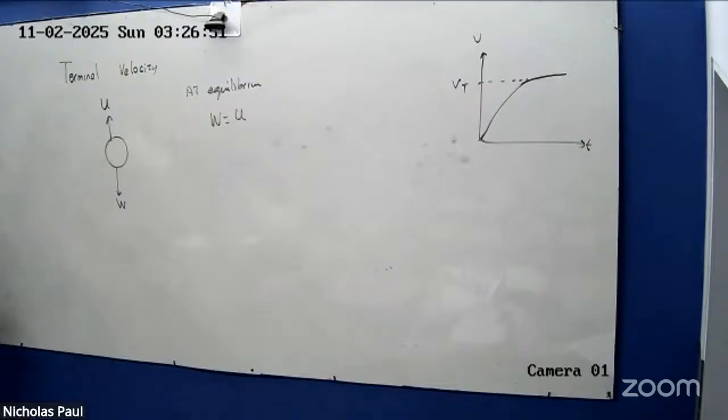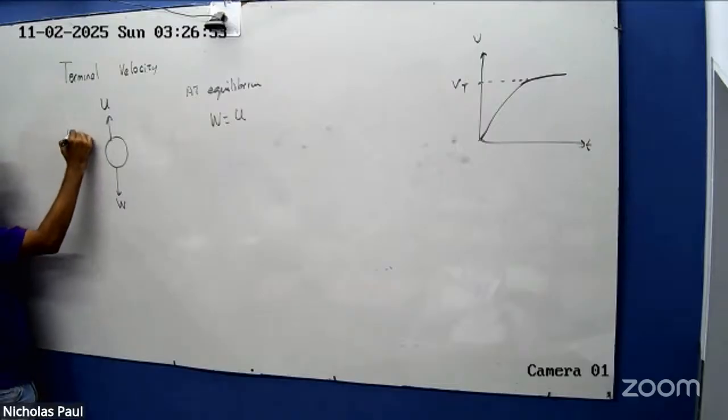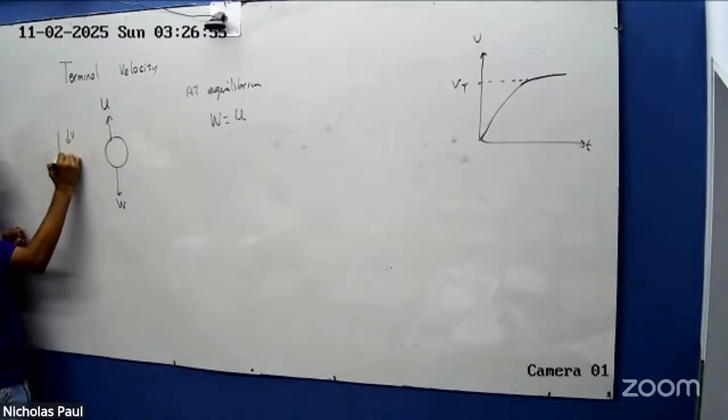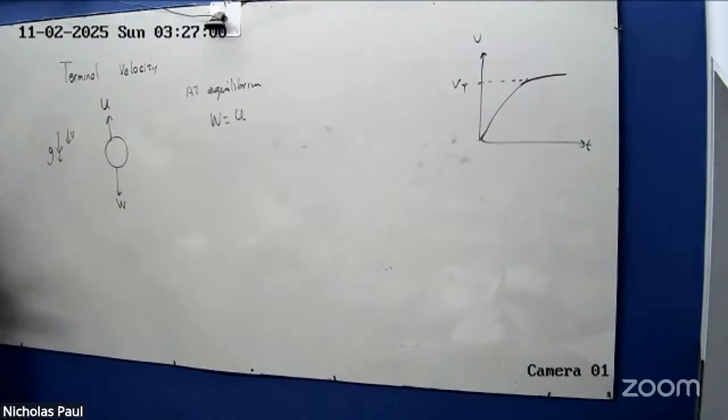But as it begins to fall downwards with a velocity v, in a uniform gravitational field g, right? What will it have? As the object is falling, there's weight, there's upthrust, and one more force acting on it.